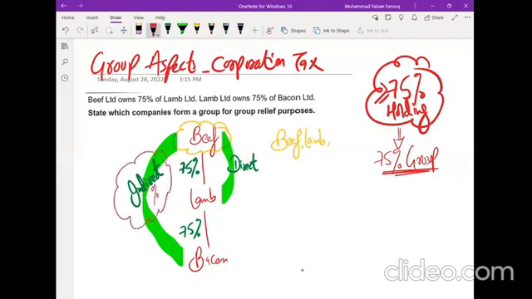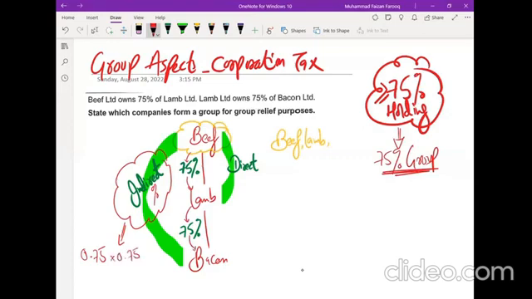How do we find the indirect holding percentage? A very easy formula. How much percentage was invested by Beef in Lamb? 75. And how much did Lamb invest in Bacon? 75.